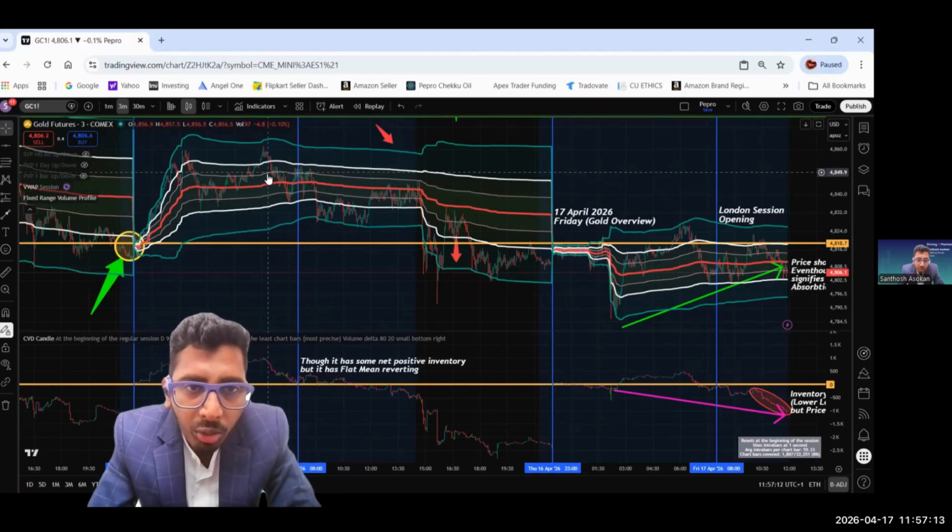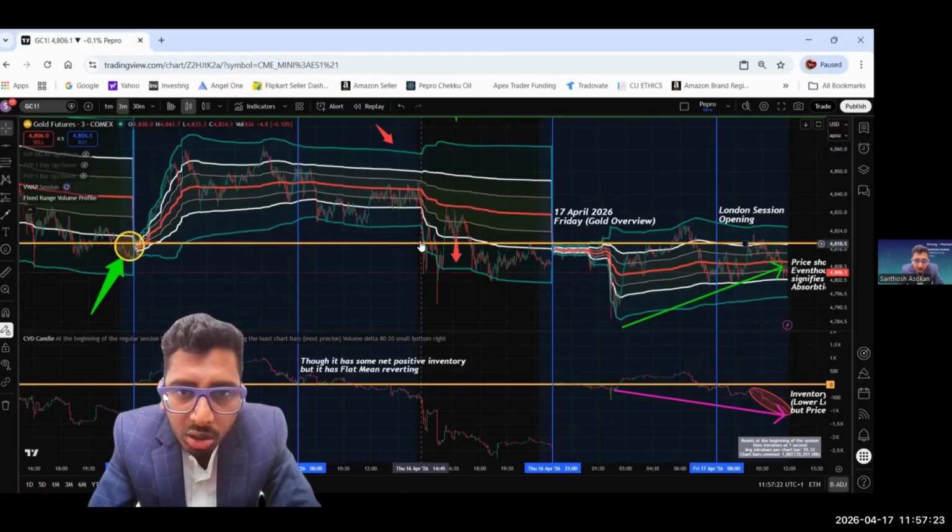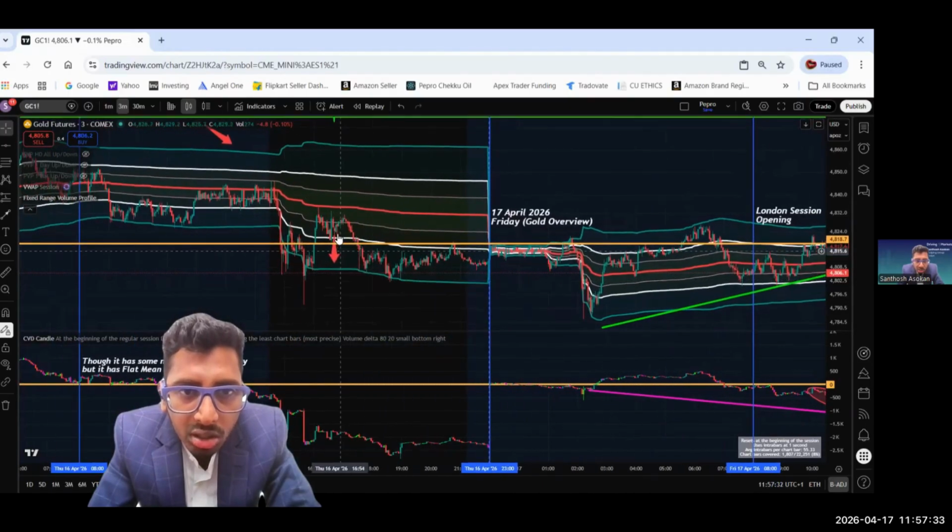That's the reason I mentioned in yesterday's overview video that I would be looking for a mean reversion trade, where I initiated a long trade around this -2 standard deviation plan, but somehow I got an exit in these two to three candles.